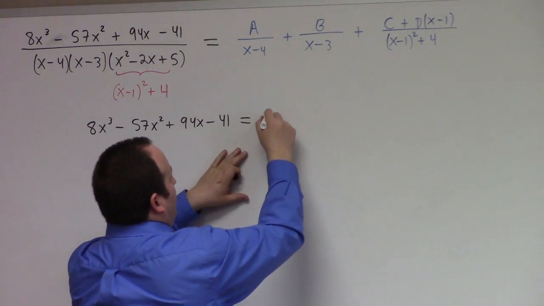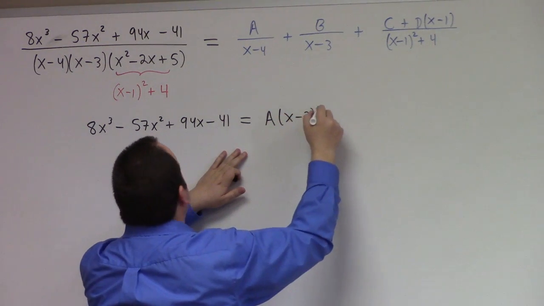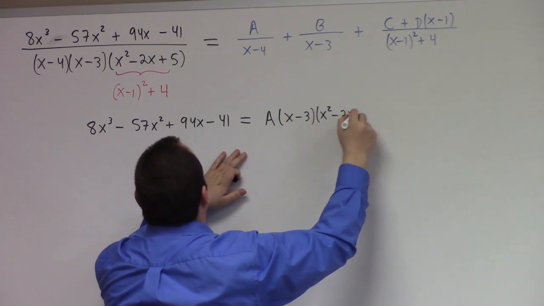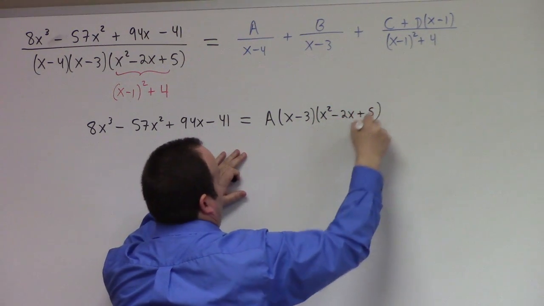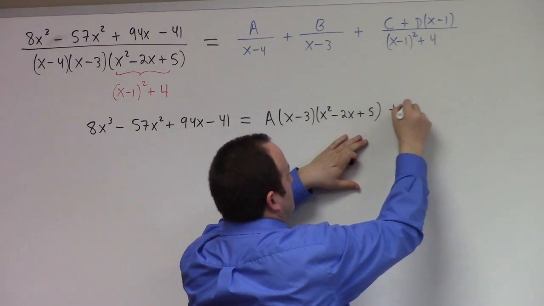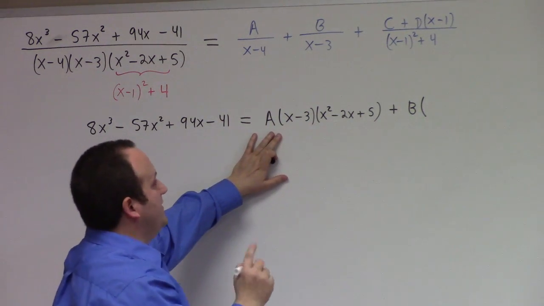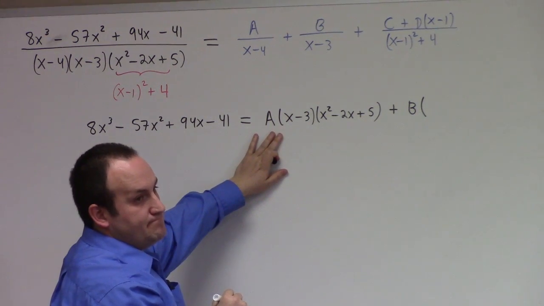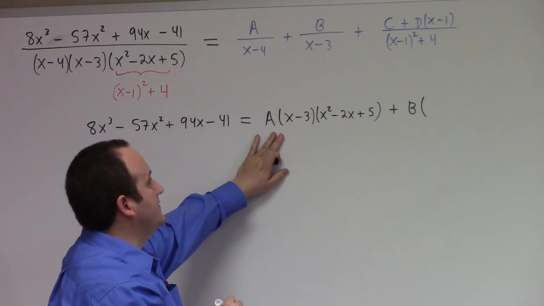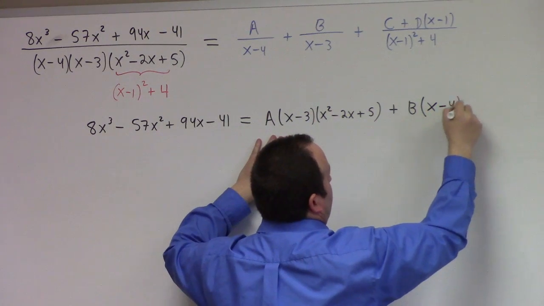So first of all, I have a times x minus 3 times x squared minus 2x plus 5, because it's easier to write that. Then plus b times what? The x minus 4 canceled with the a term. Next I would get b times x minus 4. The x minus 3 canceled, and then the quadratic term.